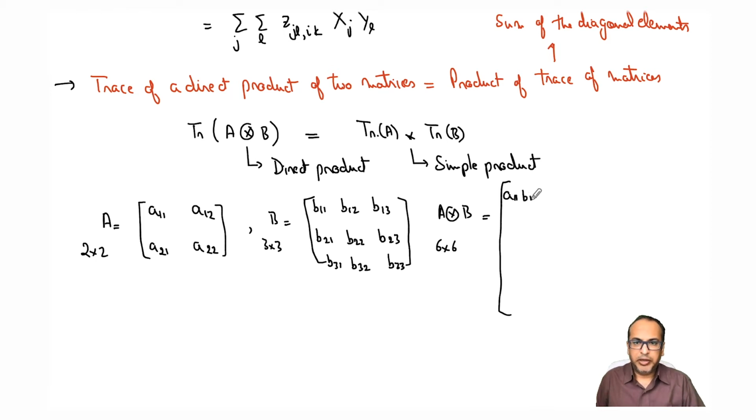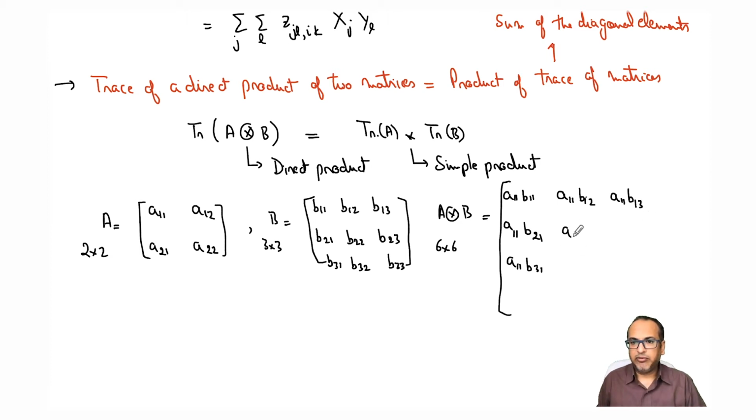A11 B11, A11 B21, A11 B31. So I have multiplied A11 first. I have picked up this A11 over here, and I have multiplied it with all the matrix elements here, like this. So A11 B12, A11 B13.